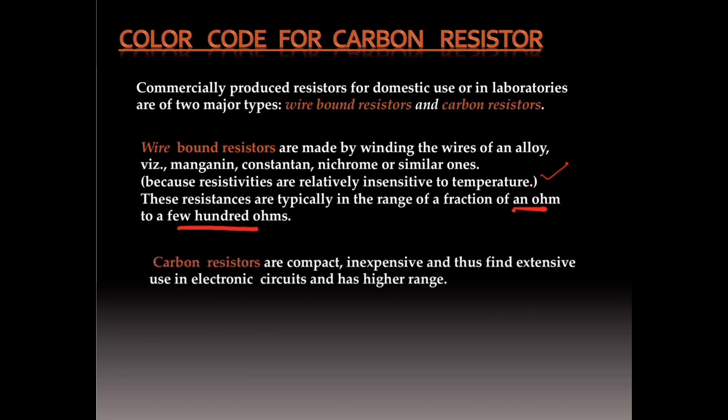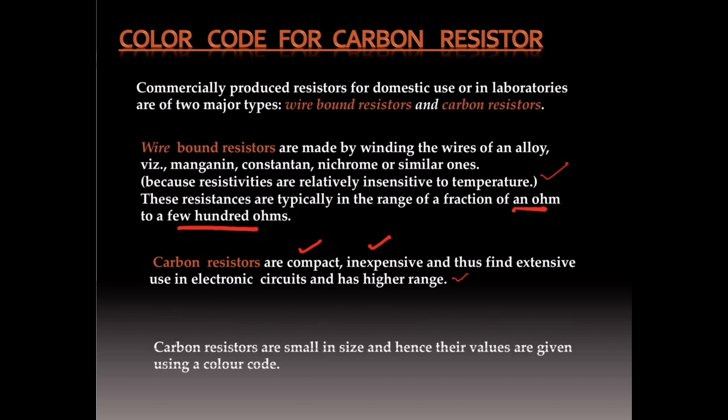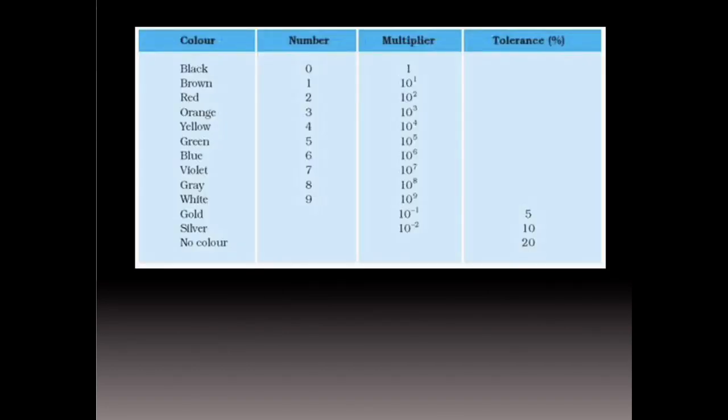Whereas carbon resistors are compact and inexpensive, and they have a high range, they have big values. But to find the value of a carbon resistor, we require carbon color coding. So let's check the table.